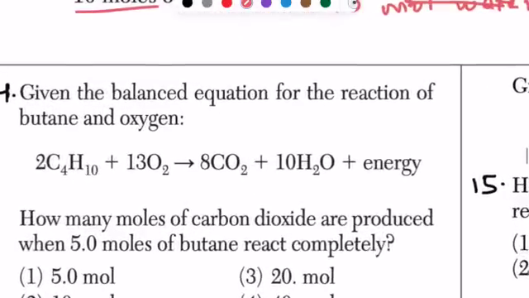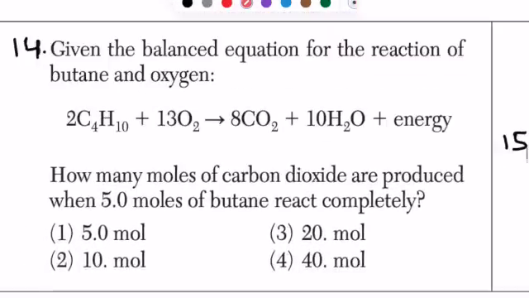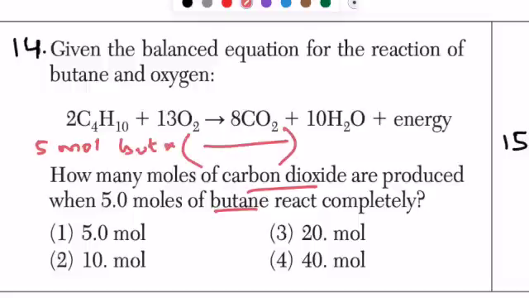Similar question: how many moles of carbon dioxide are produced when 5 moles of butane react completely? We are comparing butane and carbon dioxide. Start with what's given in the question, which is 5 moles of butane. Use the mole ratio between carbon dioxide and butane. Butane, by the way, is this. It will be mentioned in the question somewhere. I just didn't give you the complete information.